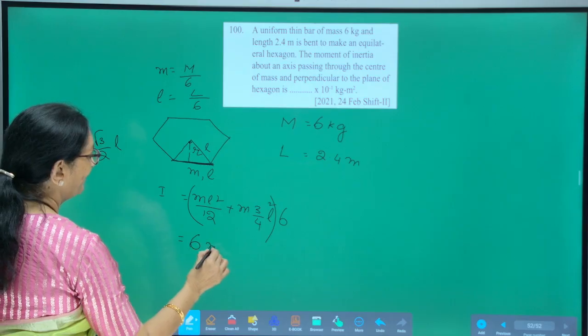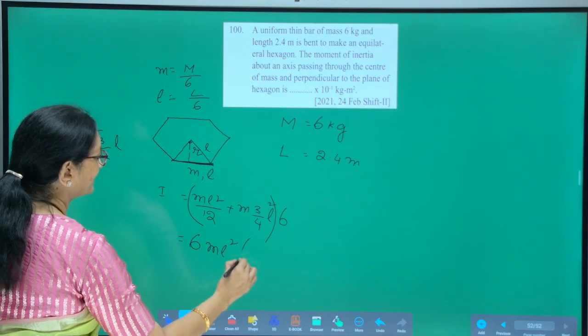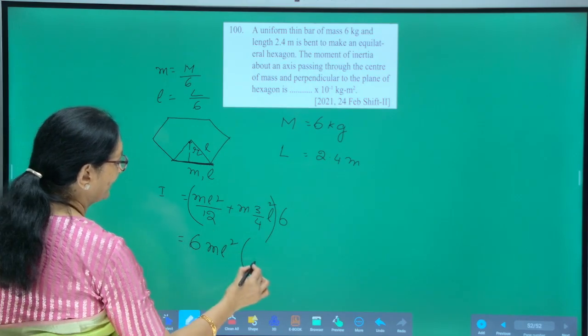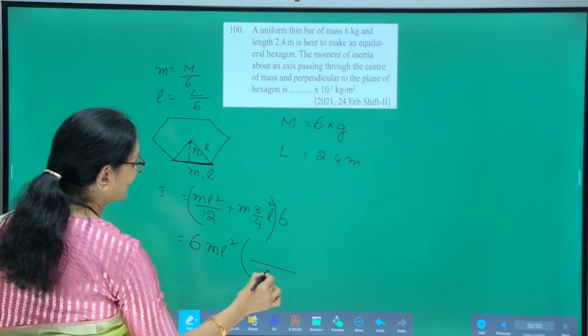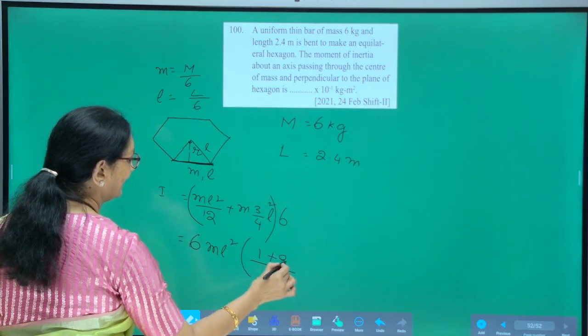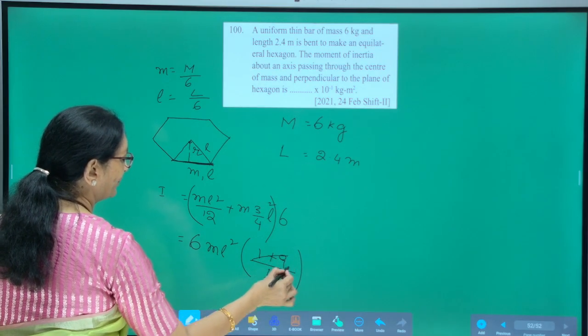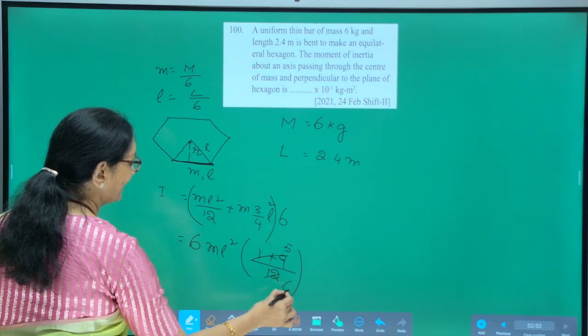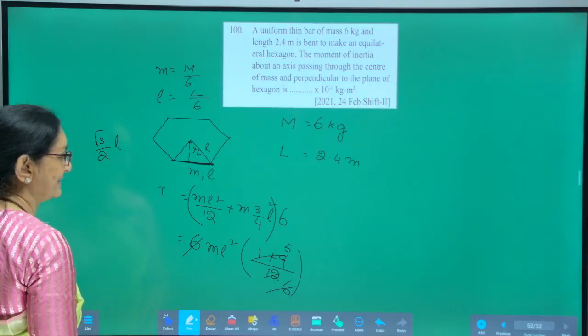Let us take ml square as a common factor outside, and the LCM is 12 here: 1 plus 3 threes are 9, 10 by 12, that becomes 5 by 6, this and this 6 get cancelled.